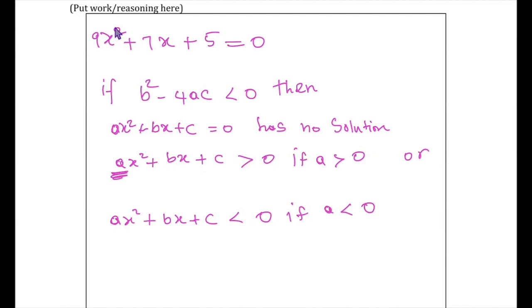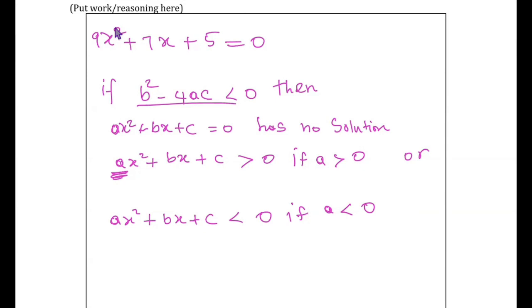That means when the expression b squared minus 4ac is less than 0, we have three things that happen. First, the expression ax squared plus bx plus c is never 0.